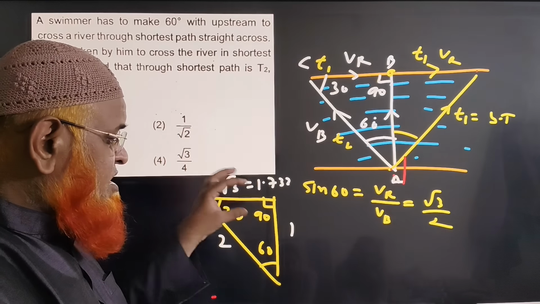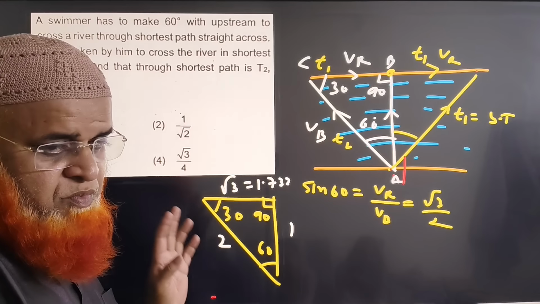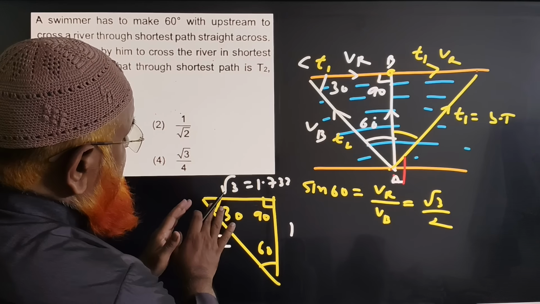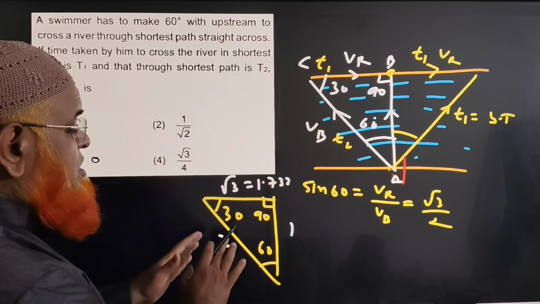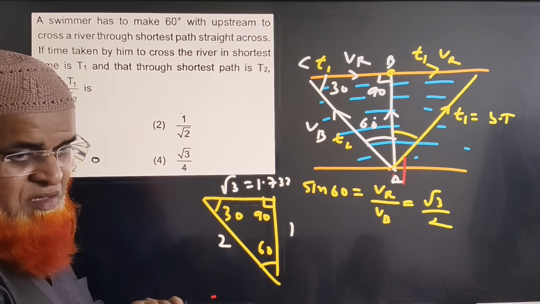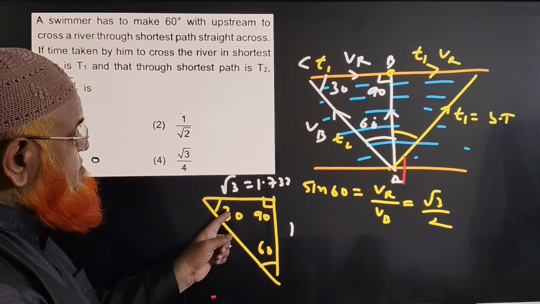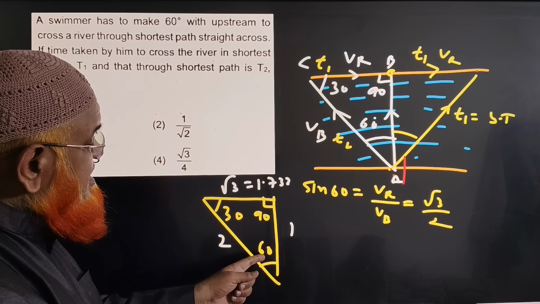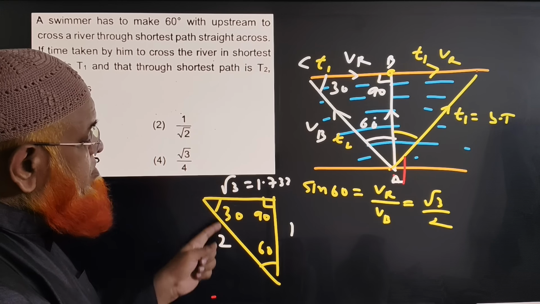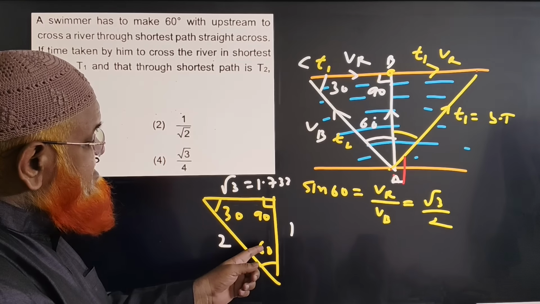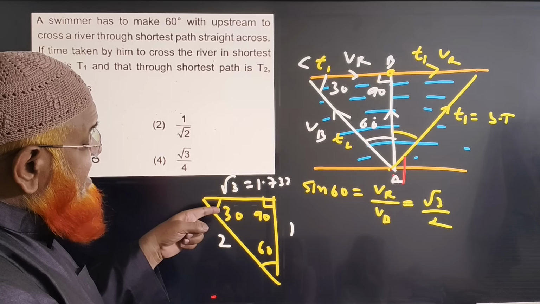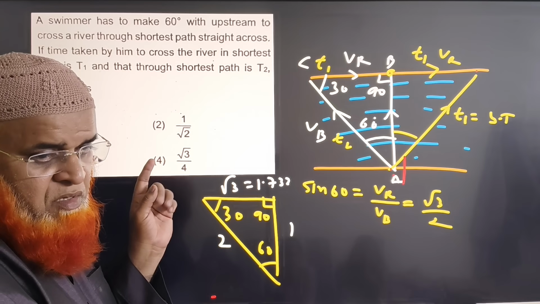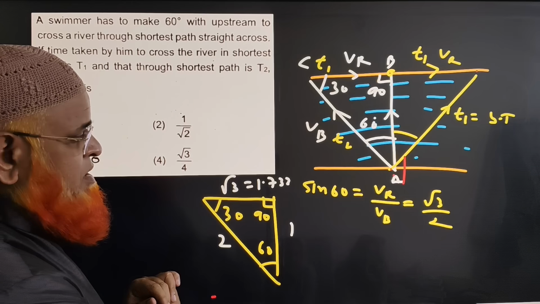Still 90 degrees is the largest, which has the opposite side 2. So whenever you get 60, 30, 90 combinations, you have to consider 1, 2, root 3. Because sin 30 is opposite side over hypotenuse, 1 by 2. Sin 60 is root 3 by 2. Tan 60 is root 3. Tan 30 is 1 by root 3. Understood? This is a shortcut method to solve the problem.